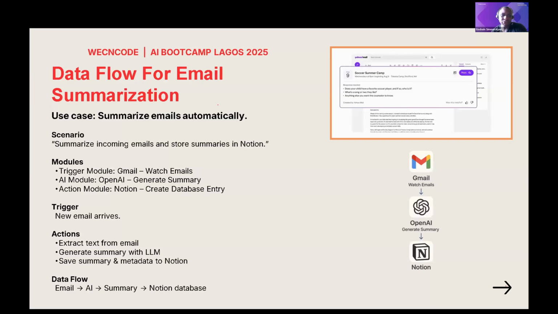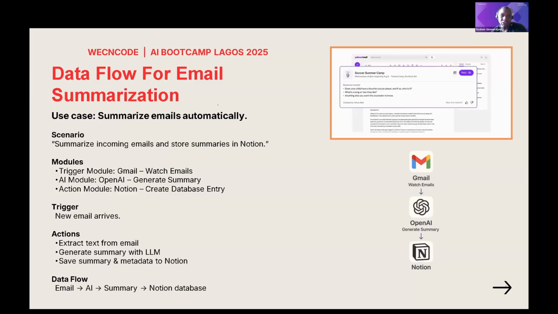So modules, the trigger module, that's Gmail. It could just be to watch an email. When we start the automation practice, you will understand some of these that we're trying to describe. Your trigger for email could be watch an email, respond to an email, delete an email, or back up an email.